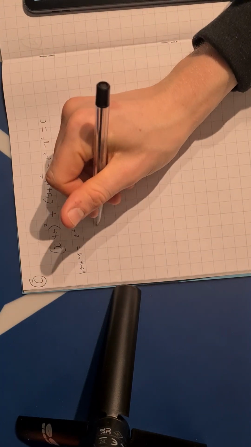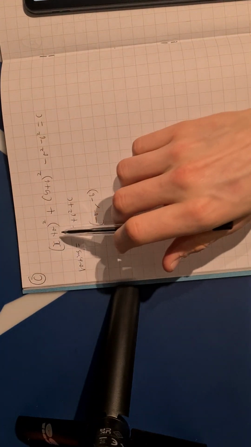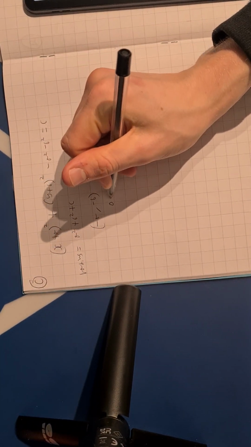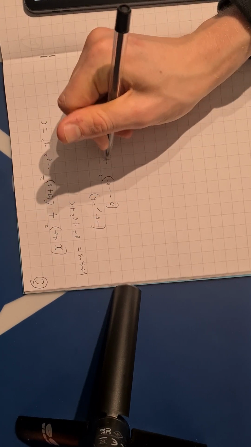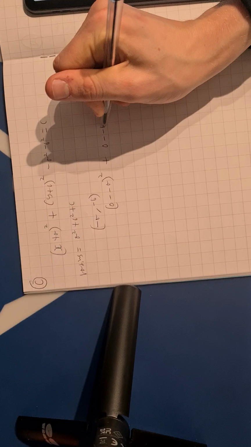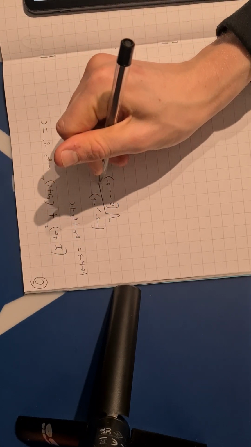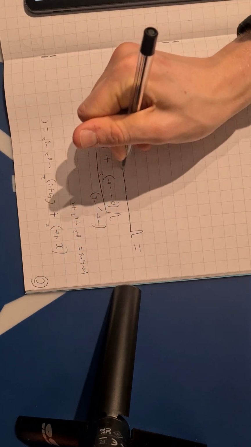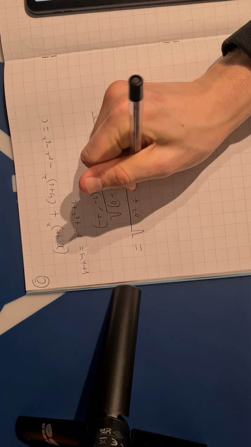Now the centre is going to be minus a, minus b, so obviously you make those negative and that's your centre. So now the distance to the origin is going to be the square root of 0 minus minus a squared plus 0 minus minus b squared, which is equal to the square root of a squared plus b squared.